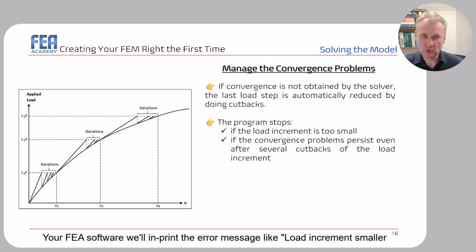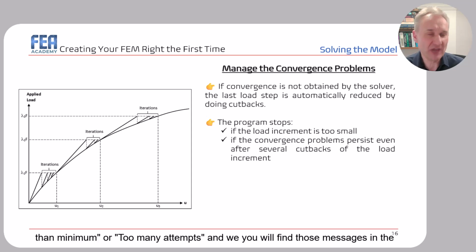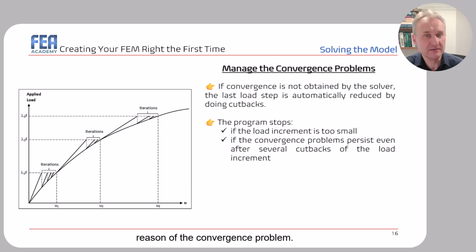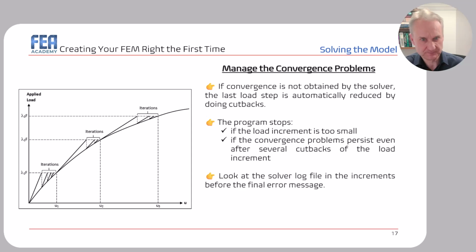Your FEA software will print an error message like "load increment smaller than minimum" or "too many attempts", and you will find those messages in the log file. Okay? However, these messages themselves do not tell you anything about the reason for the convergence problems.